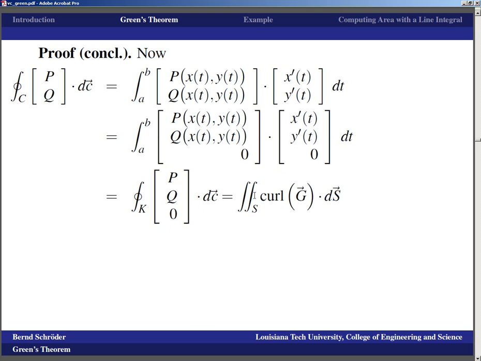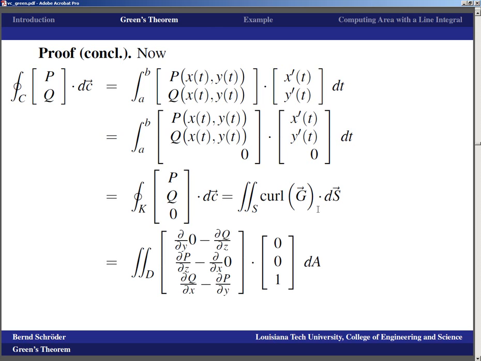So this is now the integral over an interpolating surface of the curl of this vector field G here. Let's just call that thing G, dot dS. And that gives us that we have the curl of this vector field. Well, let's see. The first and second component actually don't matter, because they are multiplied in a dot product with the normal vector of the surface.